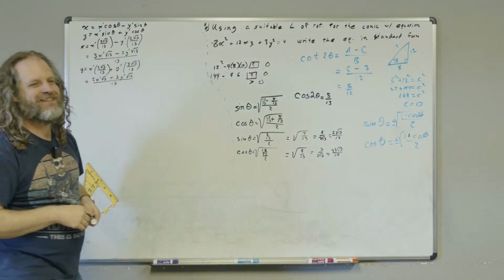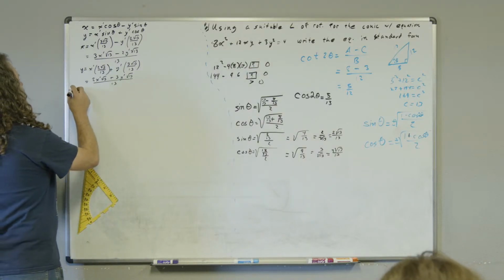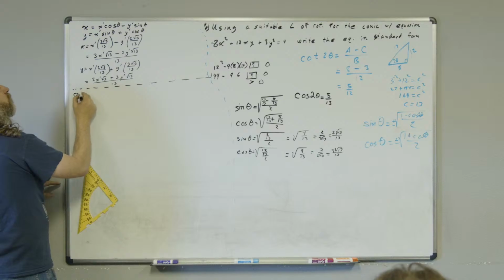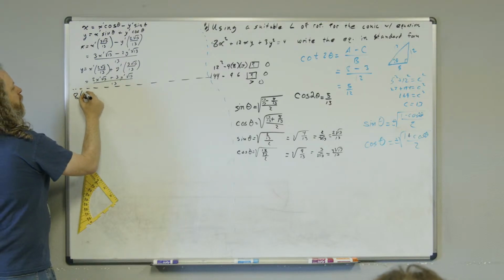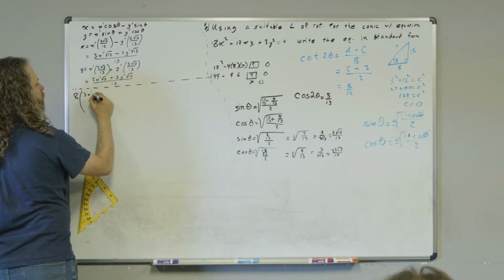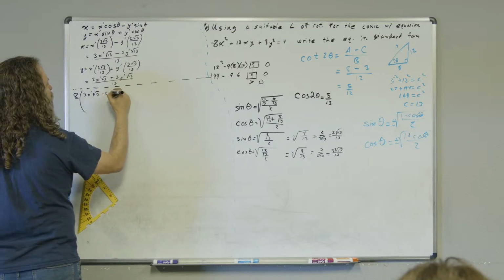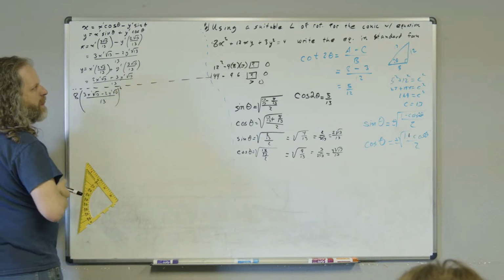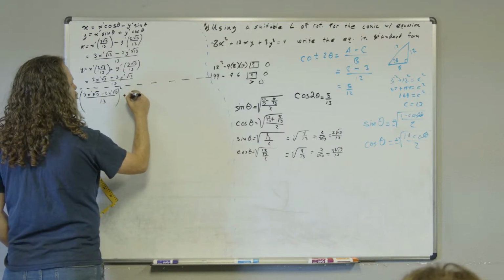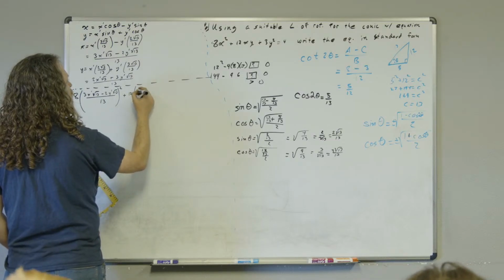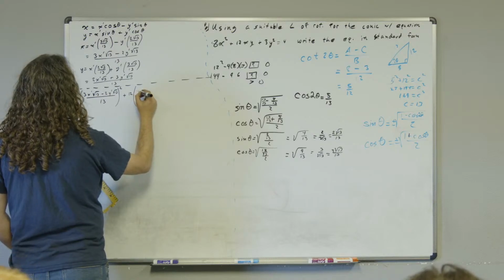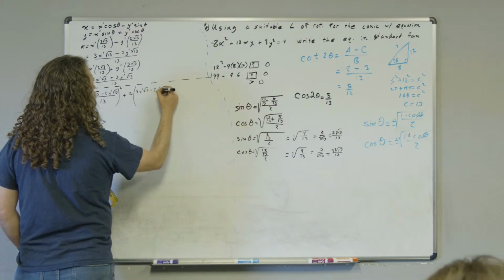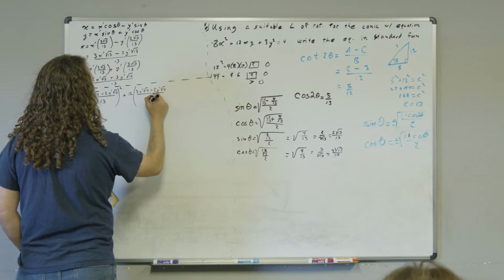Shove those into that. Oh yeah, this is Nike. 8 times the quantity 3x prime square root of 13 minus 2y prime square root of 13 over 13, squared, plus 12 times 3x prime square root of 13 minus 2y prime square root of 13 over 13 times.